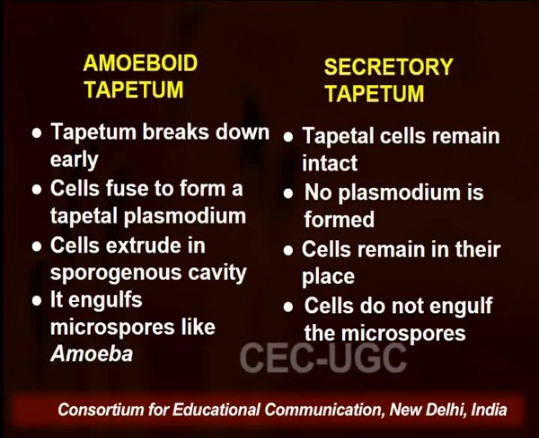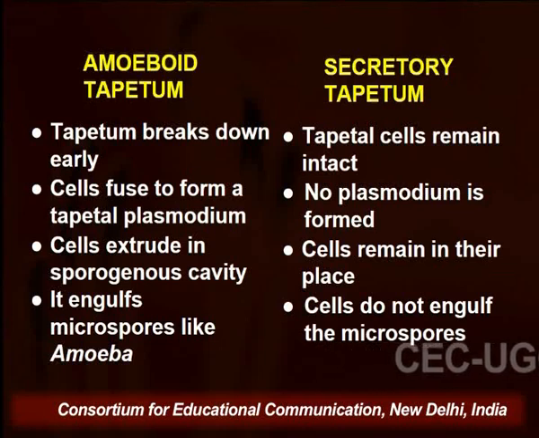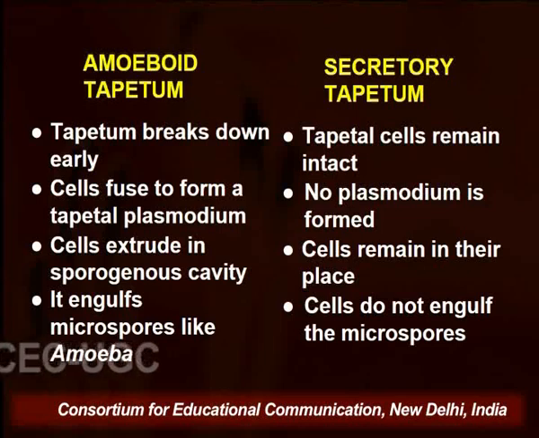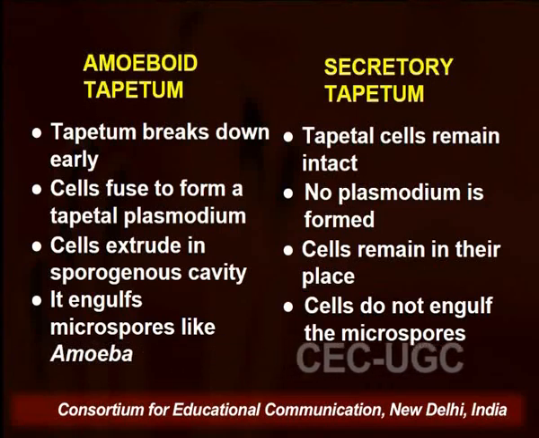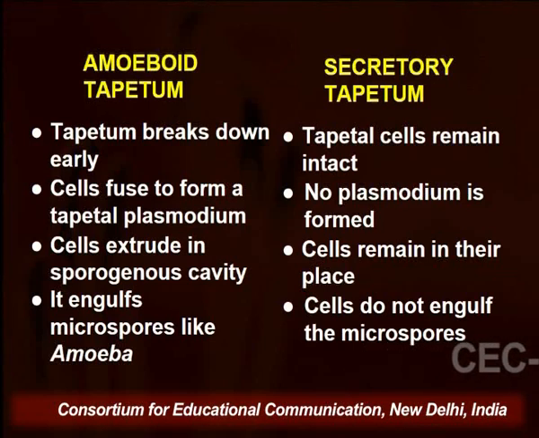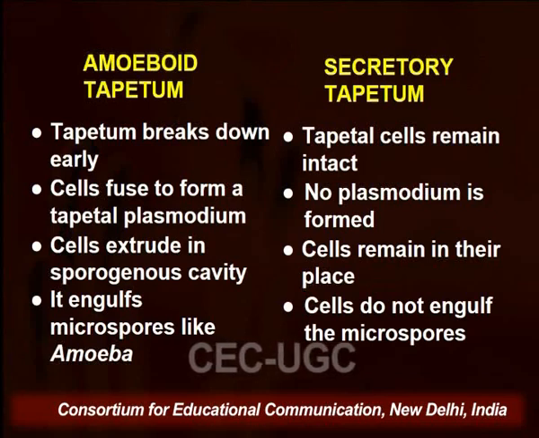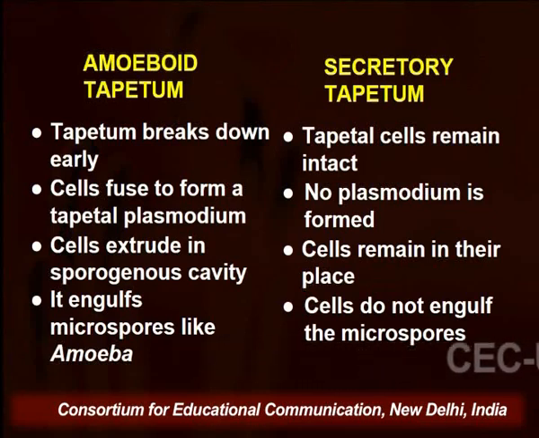Amoeboid tapetum cells extrude into the sporogenous cavity and engulf the developing pollen mother cells, while in secretory tapetum the cells do not extrude into the cavity, they remain in their original place.